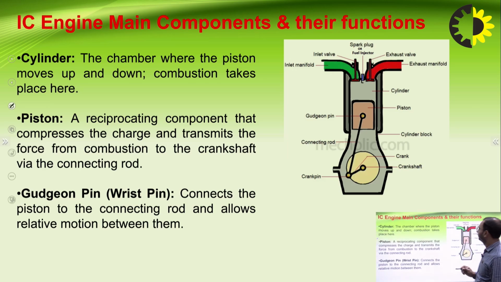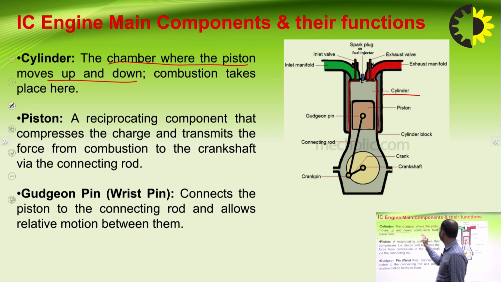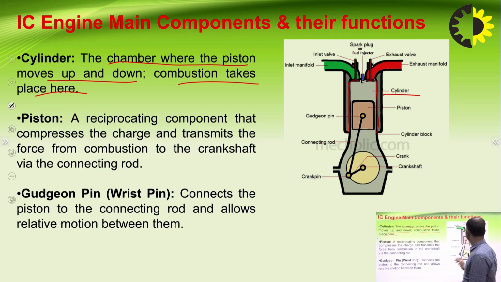What is cylinder? This one is called cylinder. Basically, the chamber where the piston moves up and down and combustion takes place. Then what is piston? This one is called piston. What is piston?